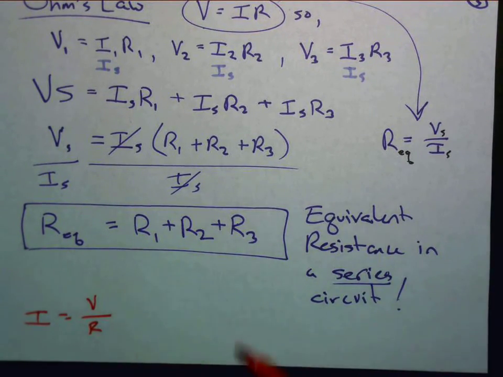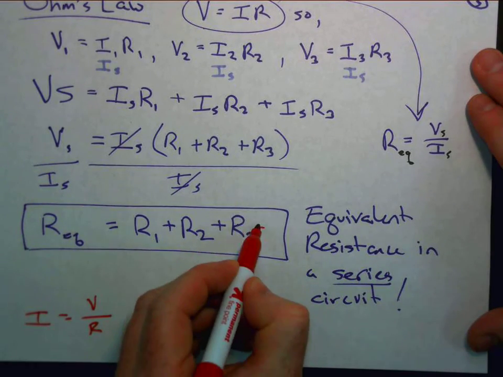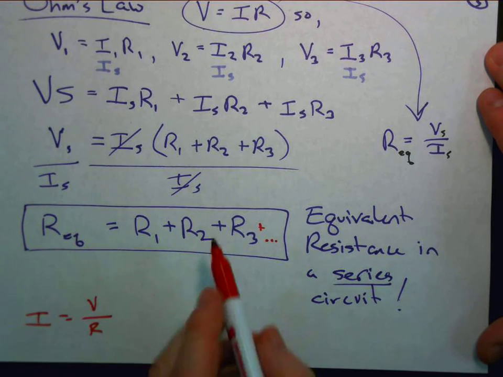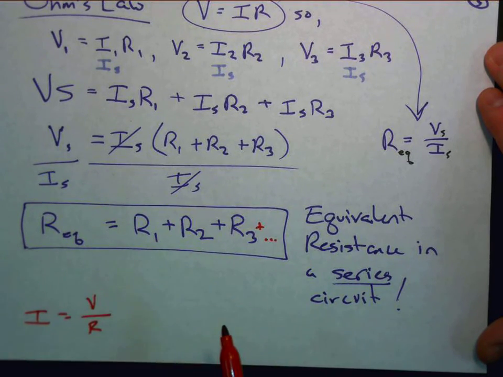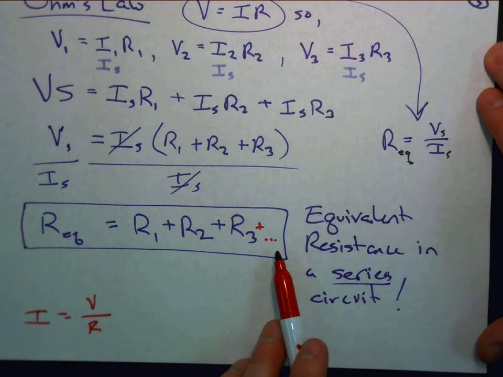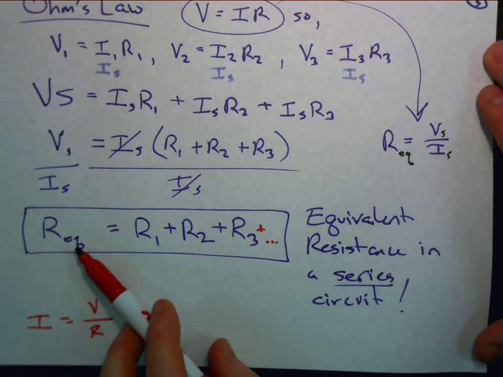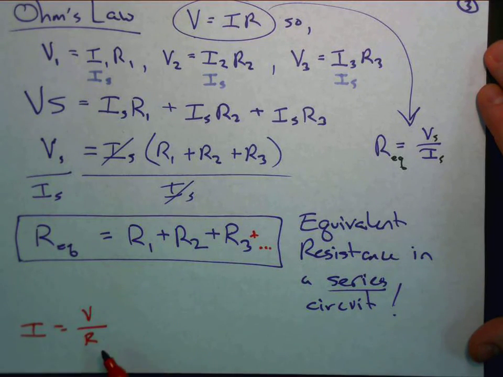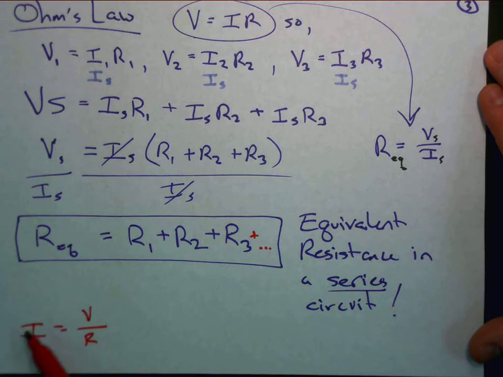And so if you add another, oh, by the way, you can have any number of resistors in series, right? Well, okay, so if I add another one in series, then I increase the value of the equivalent resistance. The circuit has more total resistance, so that increases the value of the denominator. Therefore, the current will decrease.